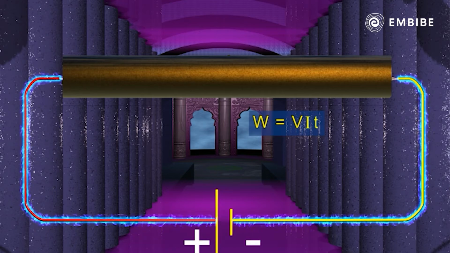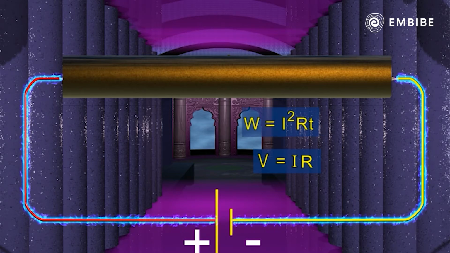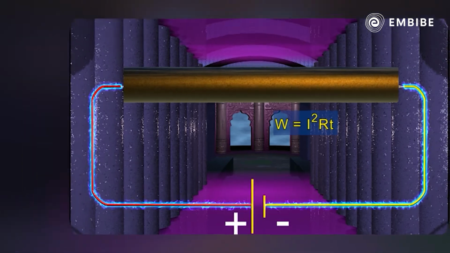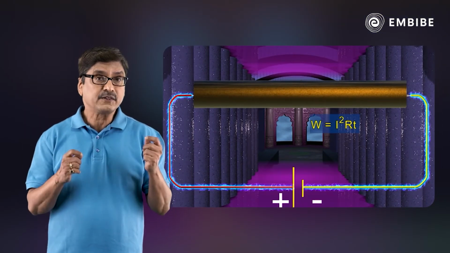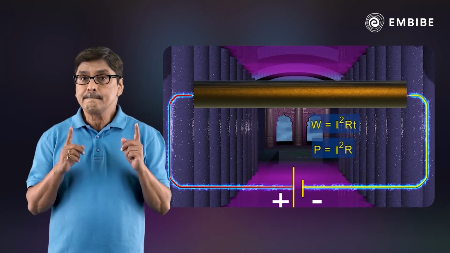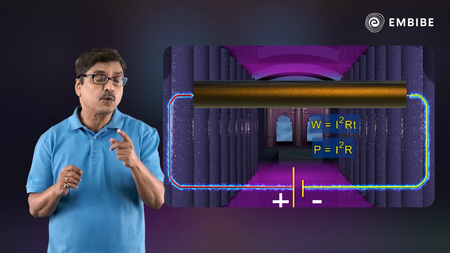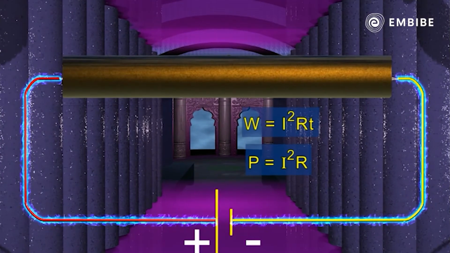Now, according to Ohm's law, V is equal to IR. Therefore, W is equal to I square RT. Therefore, the electrical energy converted to heat energy per unit time is given by P is equal to I square R. Here, R is the ohmic resistance of the conductor, and its value does not depend upon V or I. Consider R as a constant.